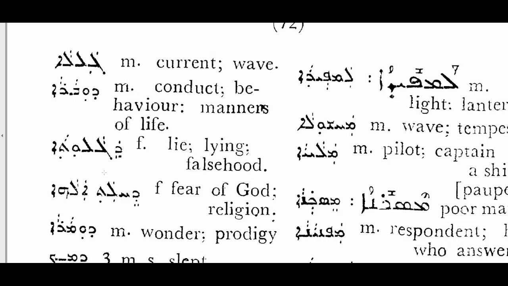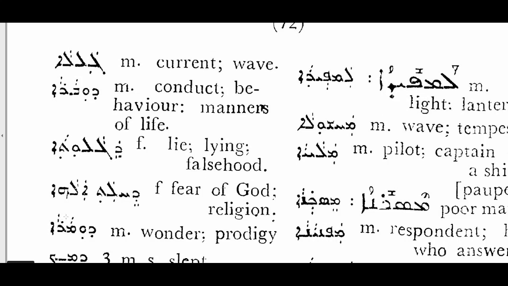Daggaluta. Dgal means he lied. Daggalutha. That utha ending is always feminine. It's always abstract. Usually when we turn something abstract, it takes a feminine sense. And utha is a very common ending. Daggalutha, so the idea of lying, falsehood.